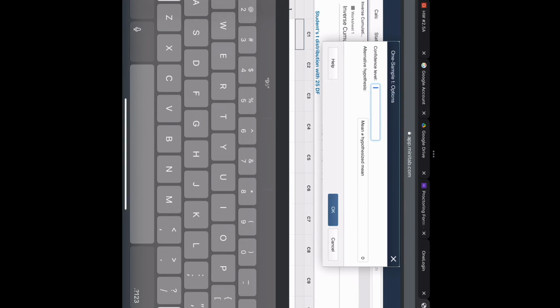Confidence level is 80. And the hypothesized mean, that's what we want, is the not equal. And hit OK. And then hit OK. And voila. All right, so it gives you these things.